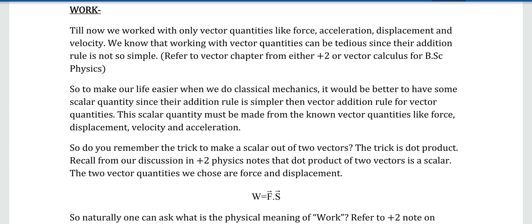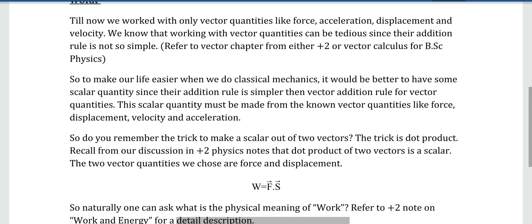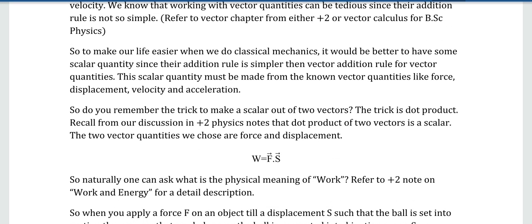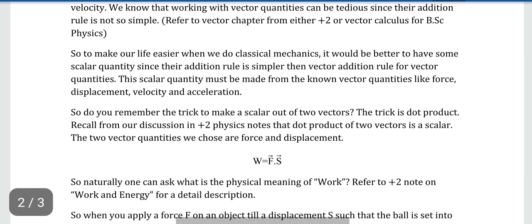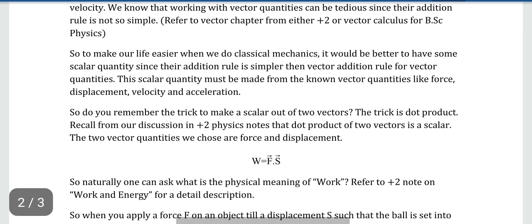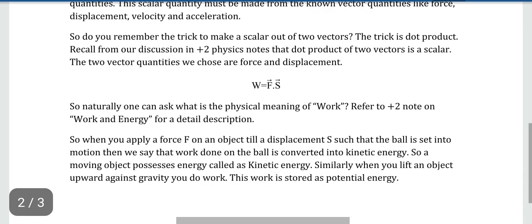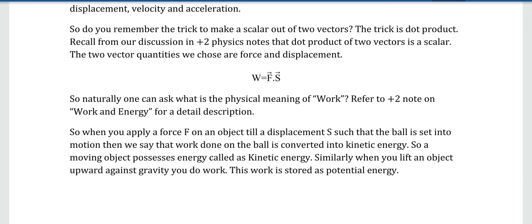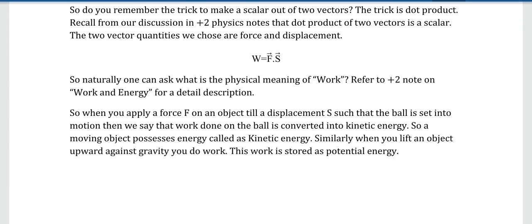But when you think of scalar quantities, all you have to do is add them very easily. You get one quantity, you get another quantity, you add them just like numbers and you get the total quantity. So what we did trickily is we defined, very cleverly, a scalar quantity.